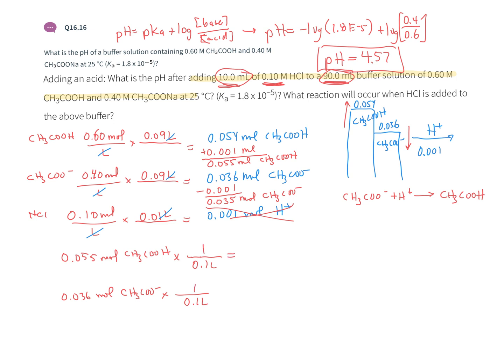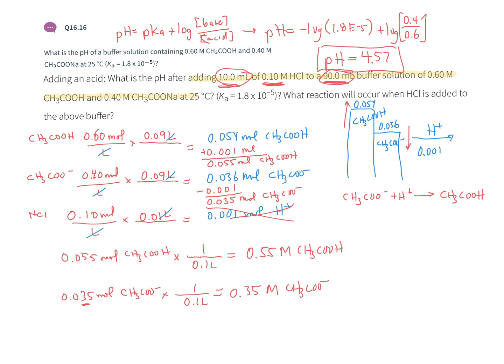So my new concentration would be 0.55 molar acetic acid and 0.35 molar acetate. Right, this should be 0.035.